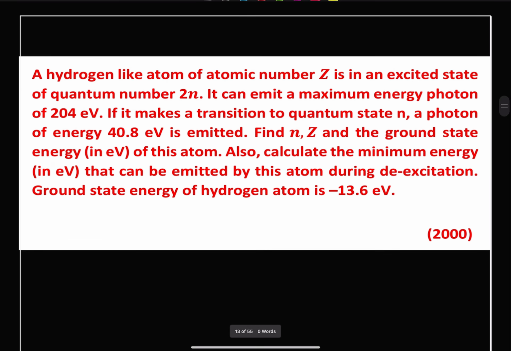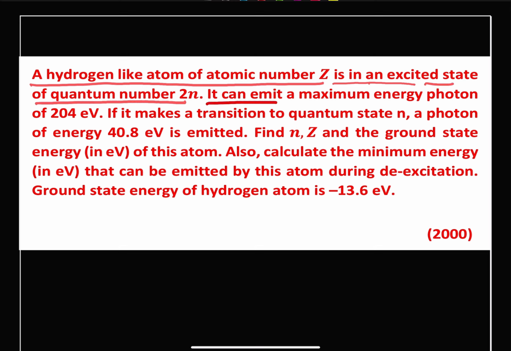It states that a hydrogen-like atom of atomic number Z is in an excited state of quantum number 2n. It can emit a maximum energy photon of 204 electron volt. If it makes a transition to a quantum state n, a photon energy of 40.8 electron volt is emitted.